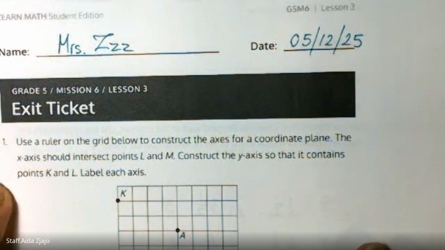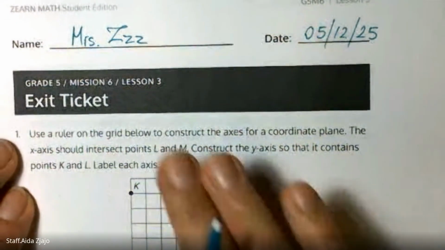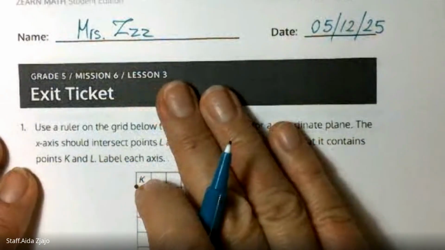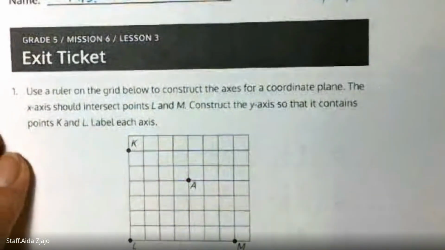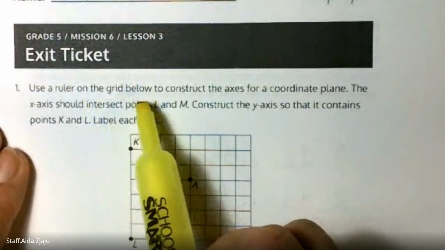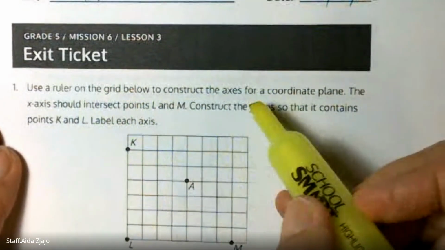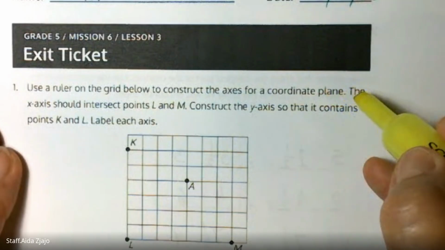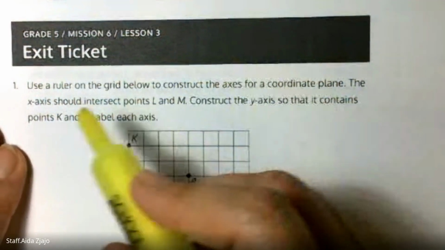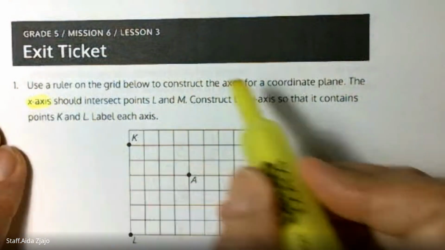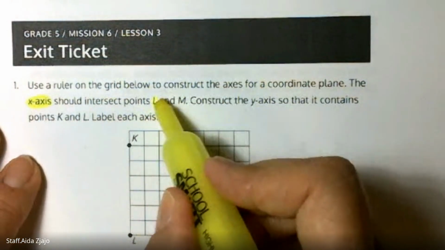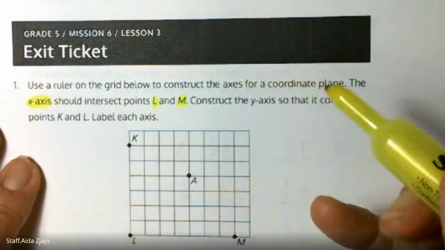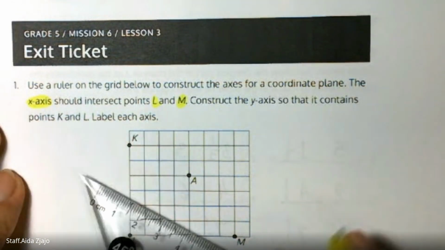We're working on Grade 5, Mission 6, Lesson 3, exit ticket. Use a ruler on the grid below to construct the axis for the coordinate plane. The x-axis should intersect L and M, and we can do it right here.